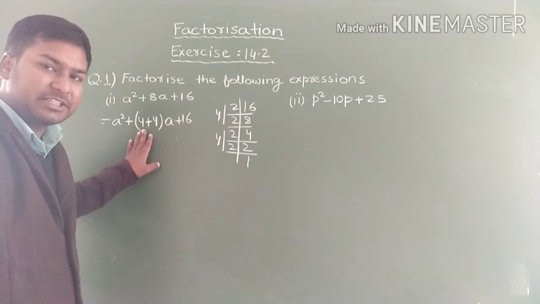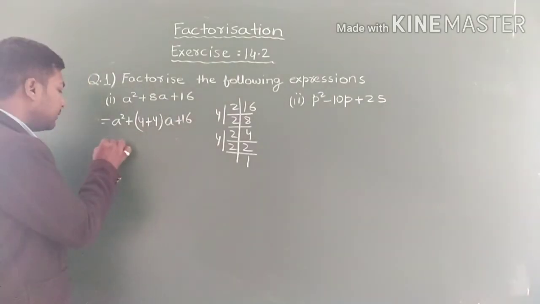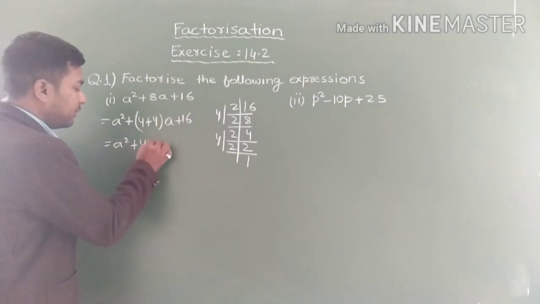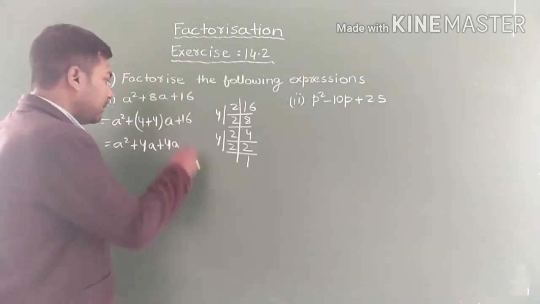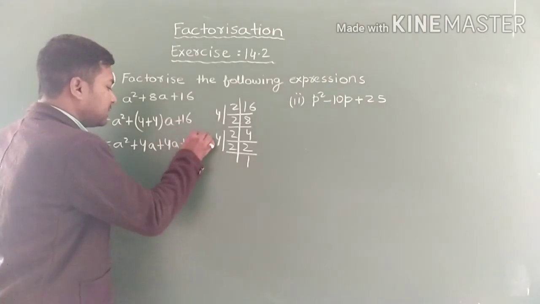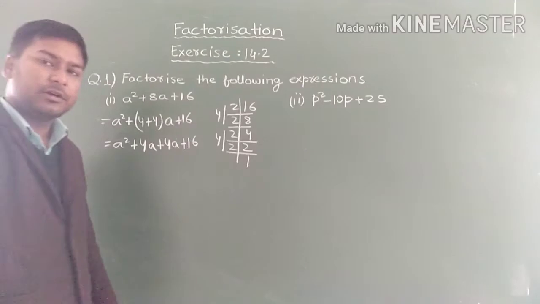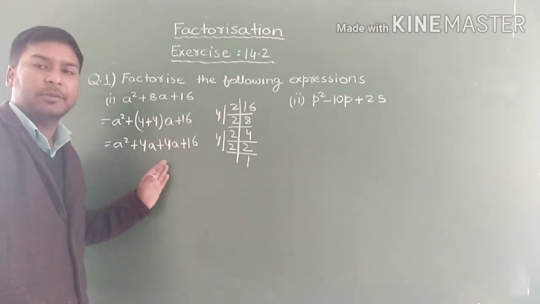Now second step is just open the bracket. So it will be a square plus 4 into a, that is 4a, plus 4 into a, that is 4a, plus 16. Now in the first two terms, that is a square and 4a, we have to take common.